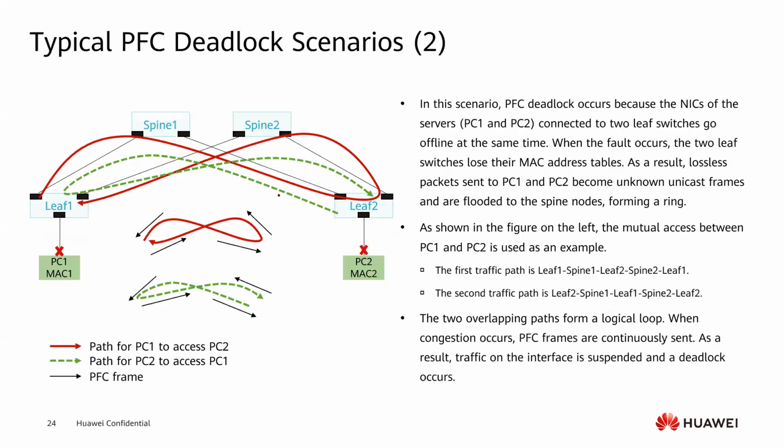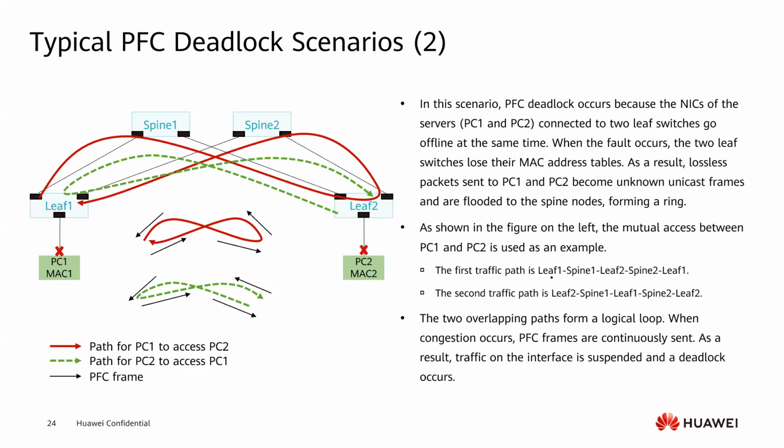Then we say another scenario. This scenario may appear in the DCN fabric. So this is leaf and this is spine.